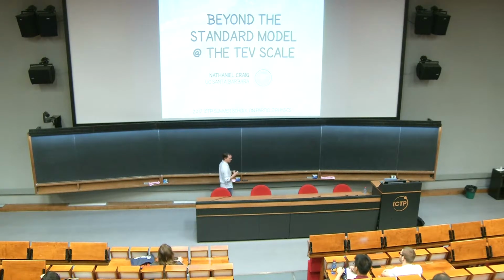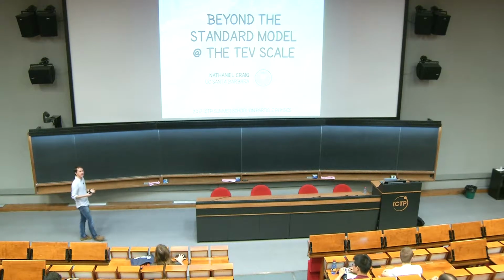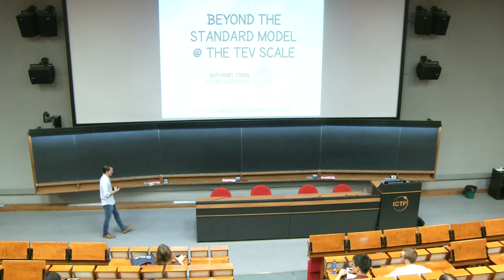It has nothing to do with mystical fears about quadratic divergences. It really is just the sensitivity of scalar degrees of freedom to physics at very short distances, right? And the fact of the matter is, because the standard model is an interacting theory, that the Higgs in the standard model is therefore sensitive to physics in the ultraviolet.